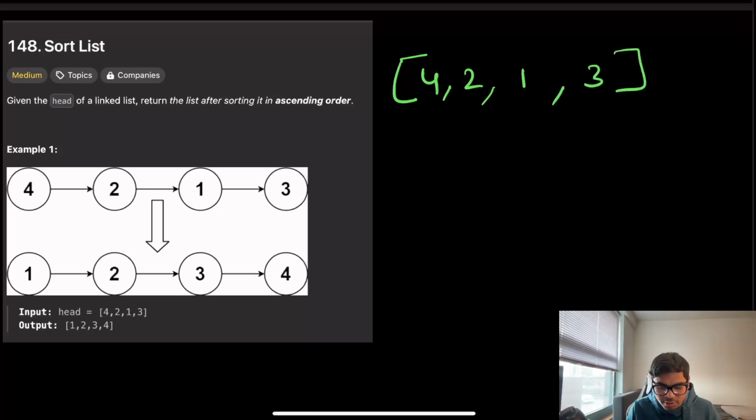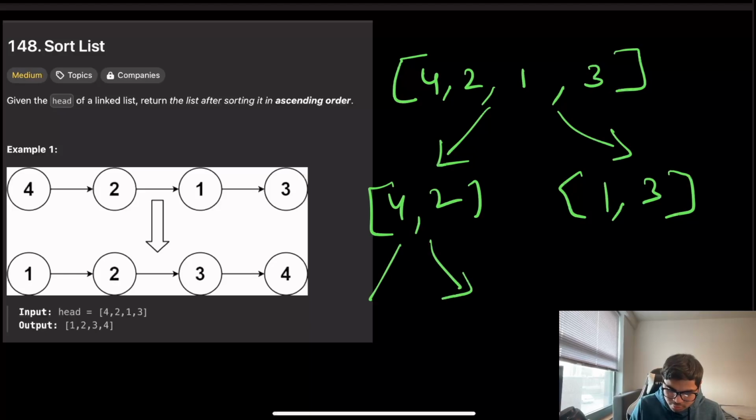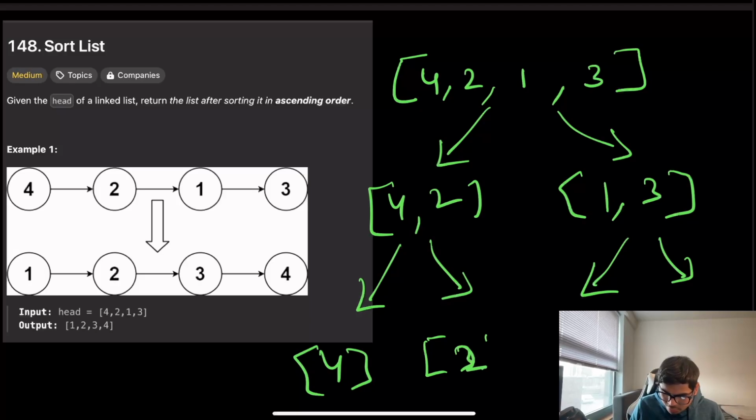On an array, what really happens is you split it into two, and then you keep splitting them until you are left with one element.